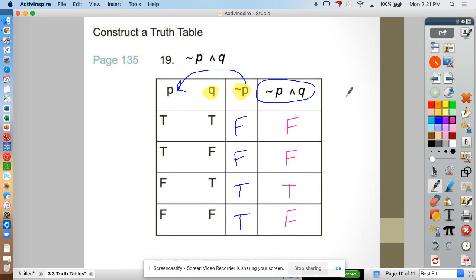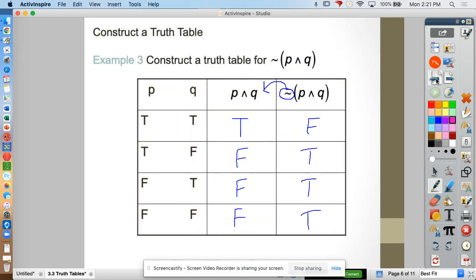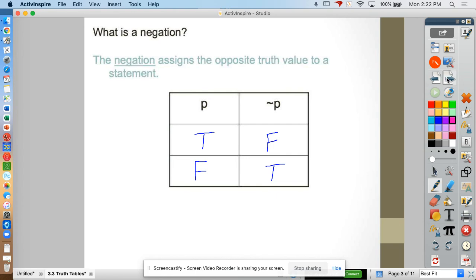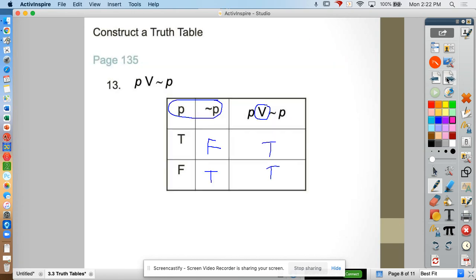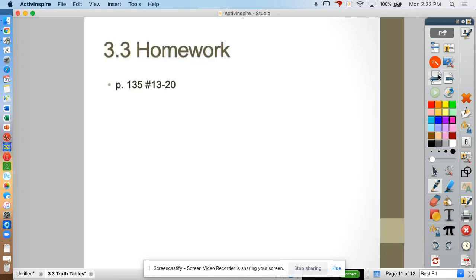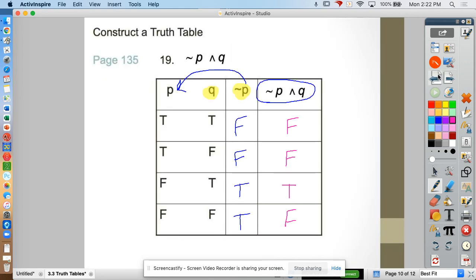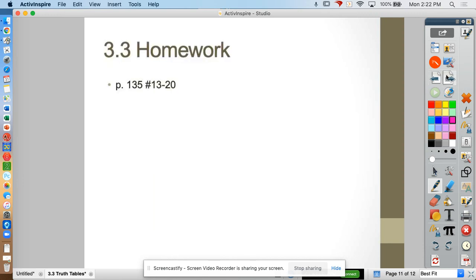Okay, so really what you are going to be looking at is the rules for the negation, conjunction, and disjunction so that you can make these tables. And then we will start putting words into what is P actually talking about, what is Q actually talking about, and then how do we put those together.